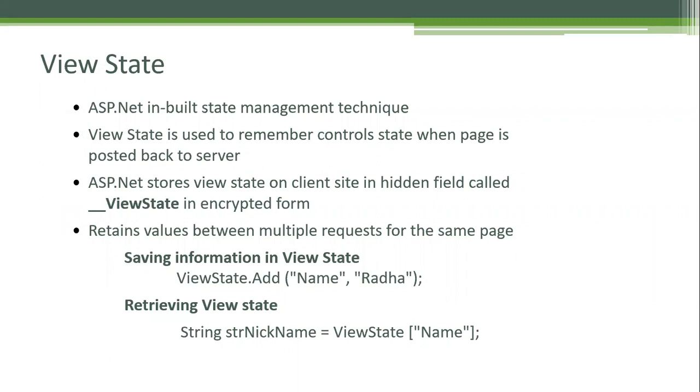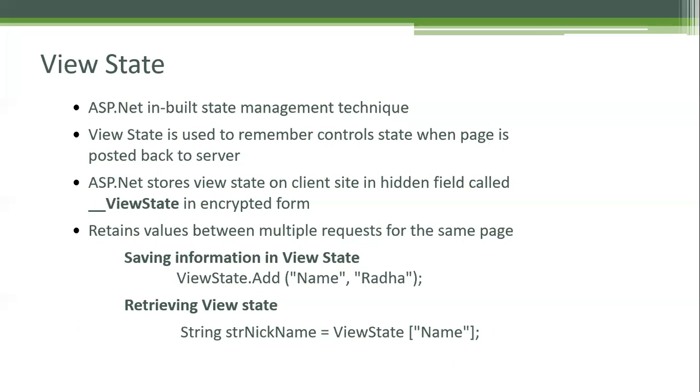When it is posted back to the server, the control values will be read from view state. It's an inbuilt technique; whether we implement it or not, the framework will automatically take care and create a hidden field object like __VIEWSTATE in an encrypted format at the client machine or browser. We can see that in the browser.